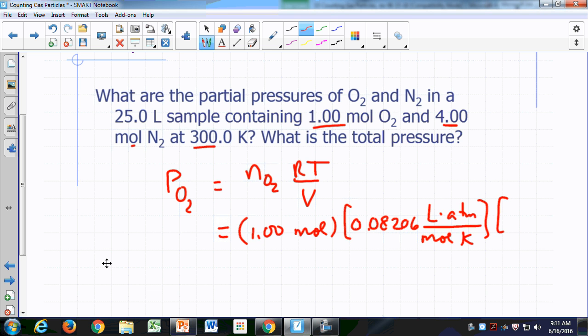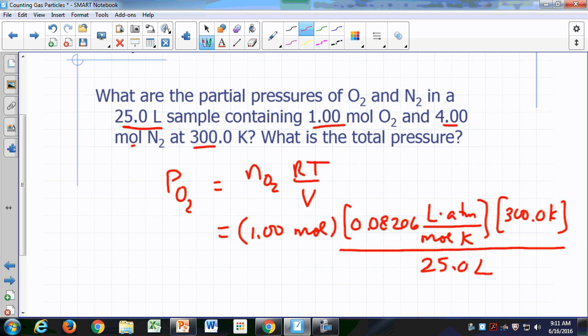That's your R. Temperature is 300.0 Kelvin, divided by the volume, which is 25.0 liters. There's your volume right there. So liter cancels out, Kelvin cancels out, mole cancels out. That gives you the pressure in atmosphere.